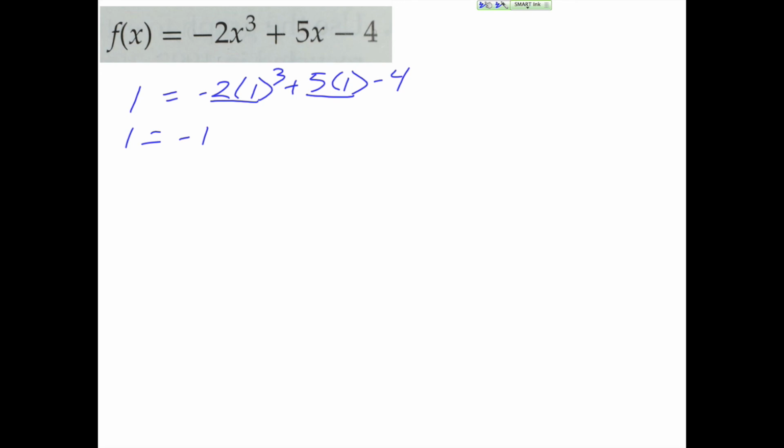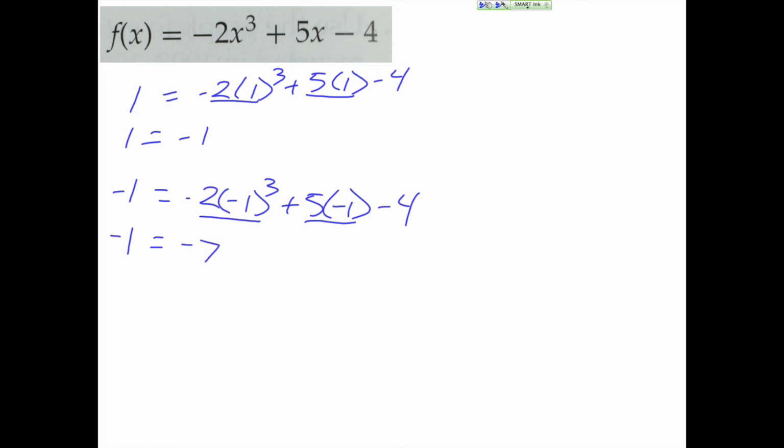So I plugged 1 in for everything. Now I want to go back and do what? Plug in negative 1. So I'm going to have negative 1 on the left. On the right, I've got a positive 2, a negative 5, which is negative 3. Negative 3 and negative 4 is negative 7.